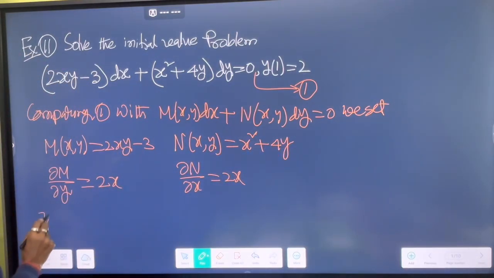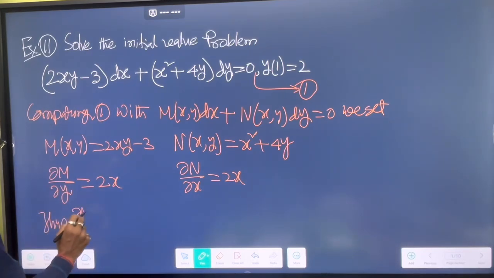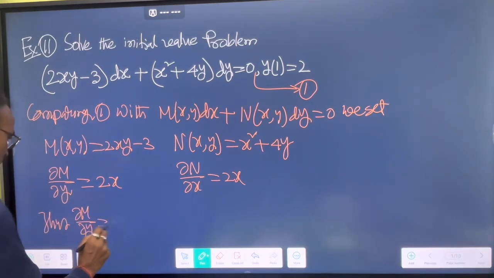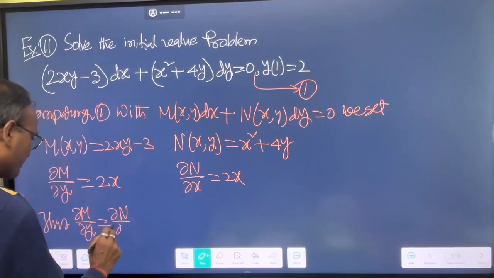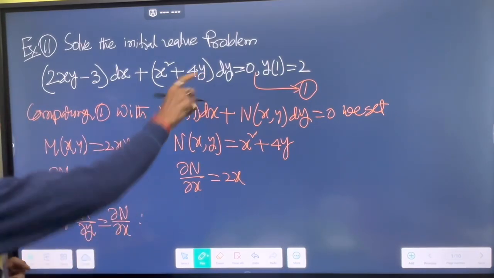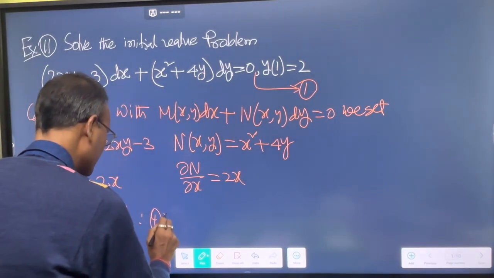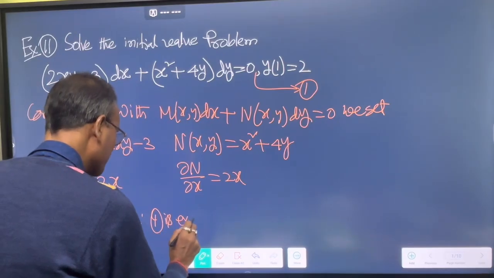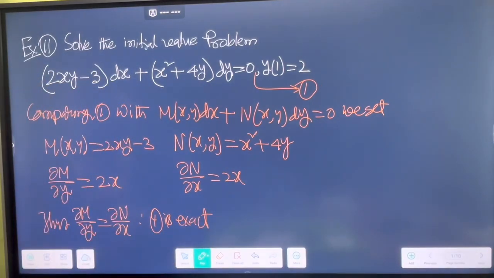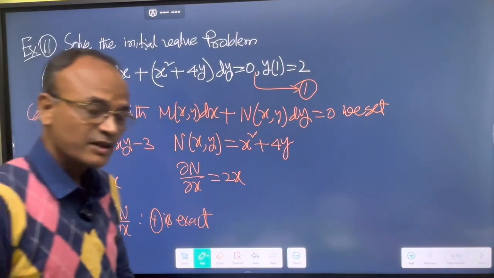Therefore, does del M by del y equal del N by del x? Therefore, 1 is exact. Therefore, 1 is an exact differential equation.